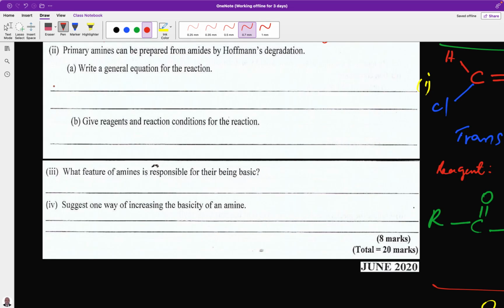Hoffman, that is a part of it. You can put it as an arrow.